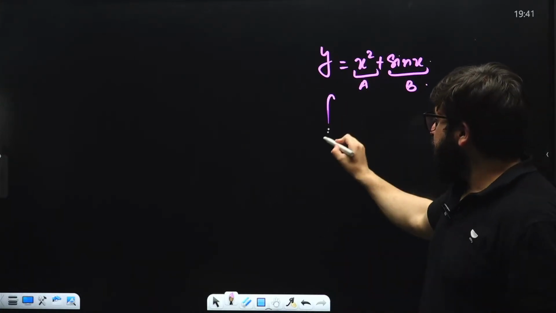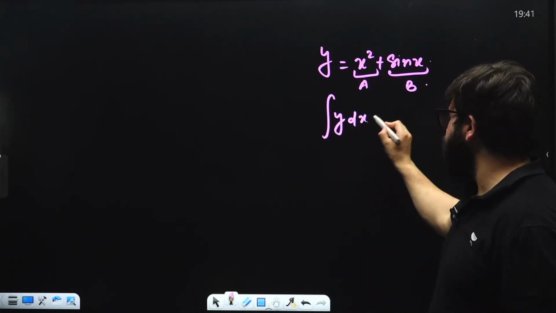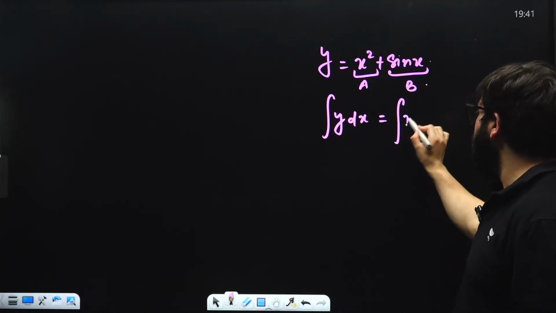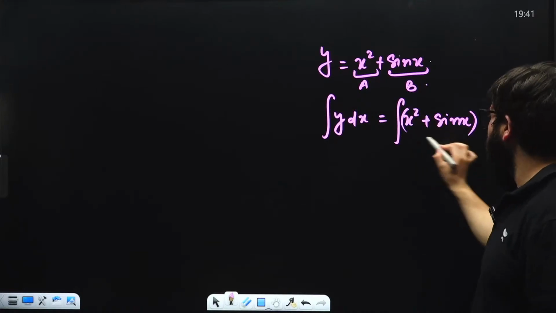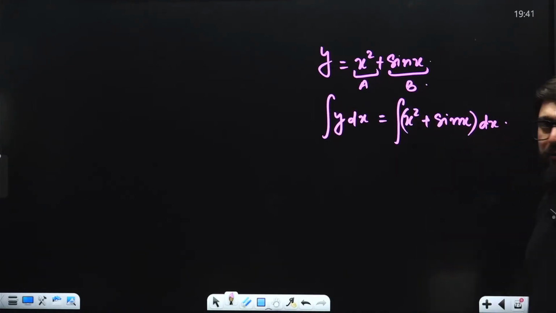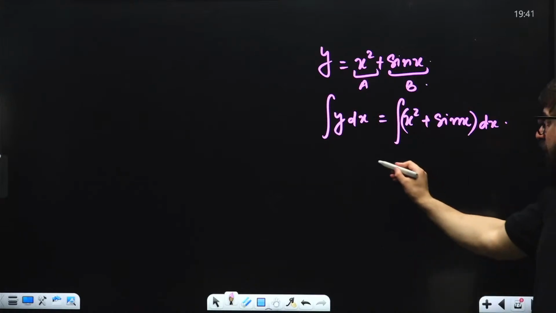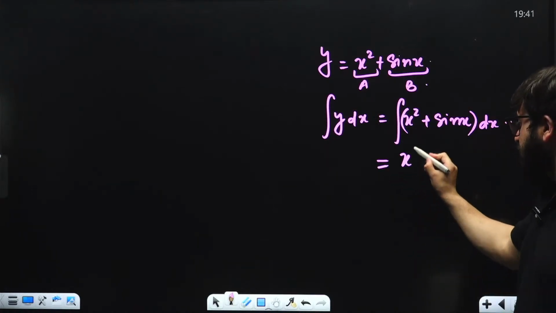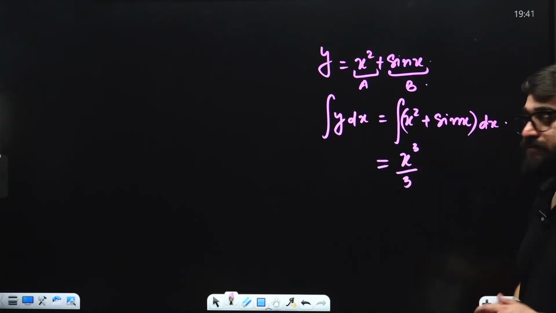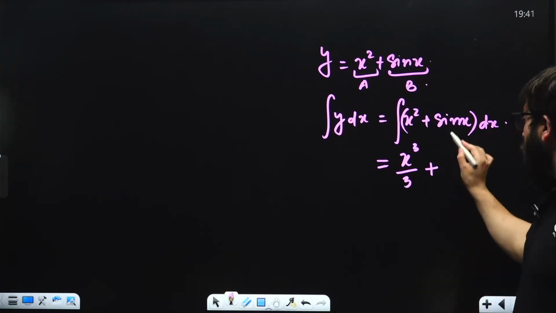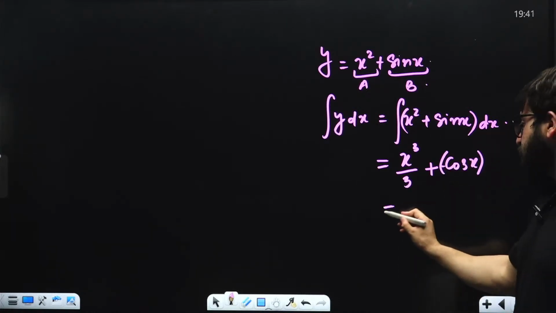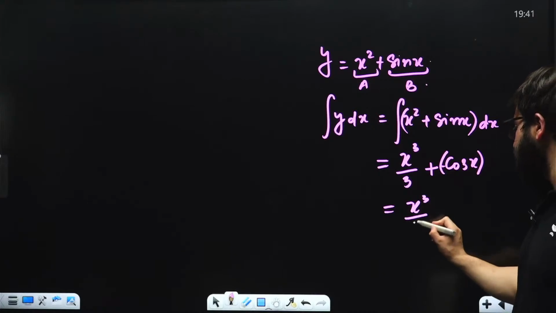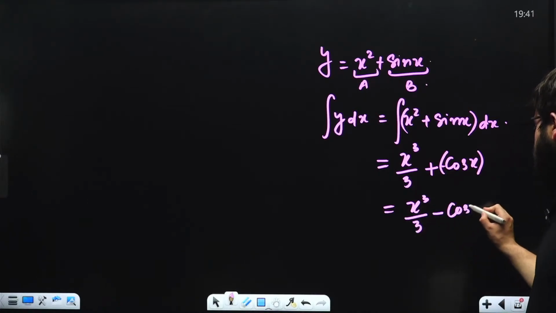Integration of y dx will be integration of x square plus sine of x dx. Now do the integration separately. For x square it will be x cube divided by 3. Now plus, what is the integration of sine x? That is minus cos x. So it will be simply x cube divided by 3 minus cos of x.